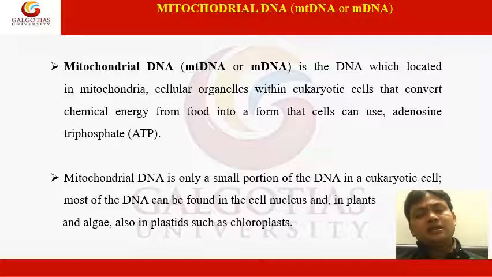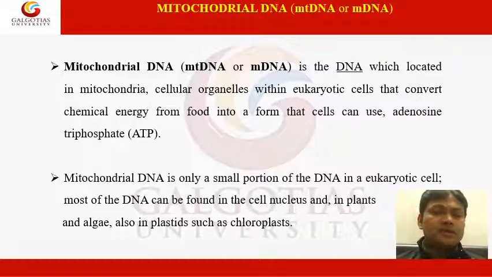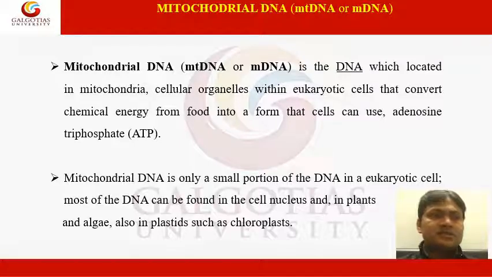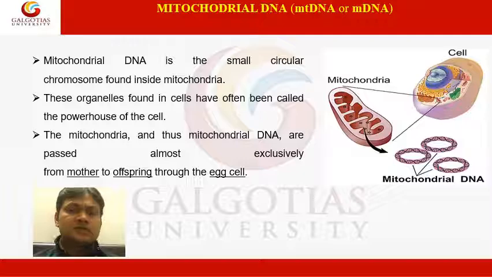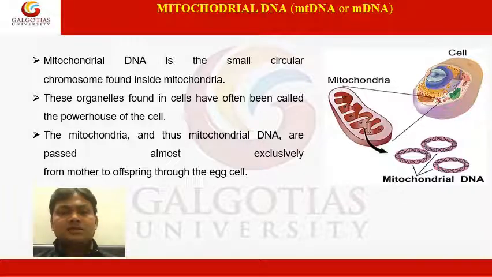The mitochondrial DNA is a very small portion of the DNA present in eukaryotic cells, and most of the DNA can be found in the cell nucleus. It is also found in plants, in algae, and in some plastids, generally known as the chloroplast in eukaryotes. Here you can see the picture in which this is the cell and this is the mitochondria in which the mitochondrial DNA is present.